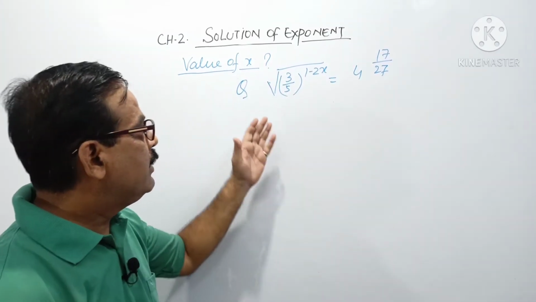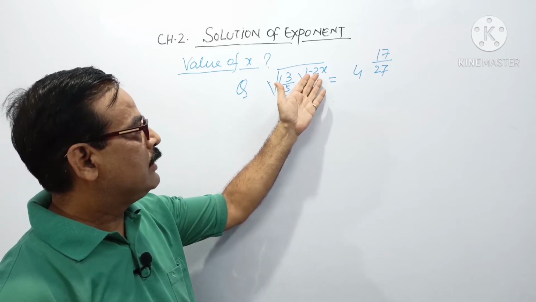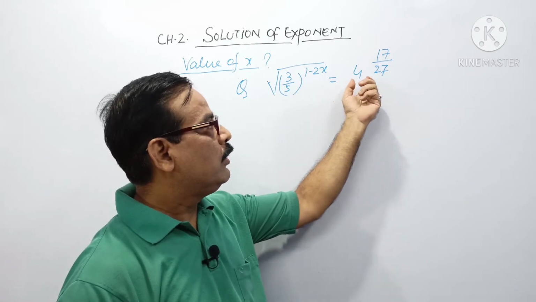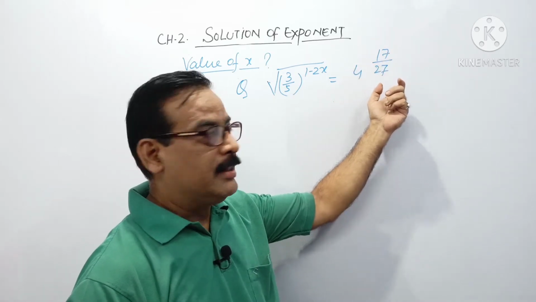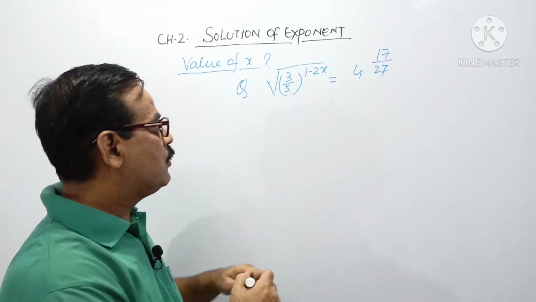Guys, the next question is given here: 3 by 5 to power 1 minus 2x under a square root, which is equal to 4 and 17 by 27. This is a mixed fraction. So how are we going to solve this?